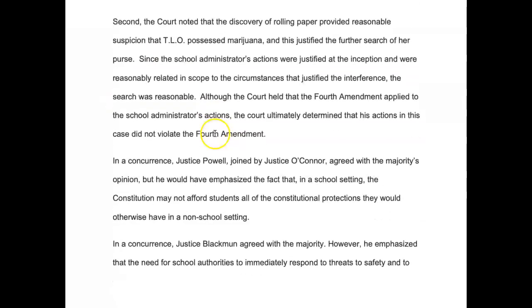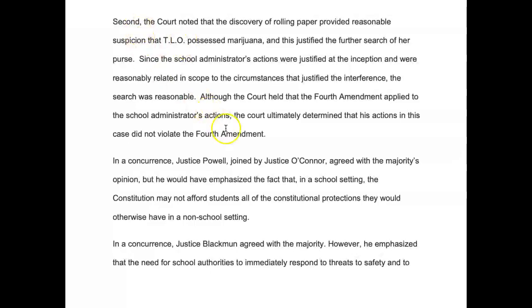The second is that the discovery of rolling papers also provided reasonable suspicion that TLO possessed marijuana. And that then justified the further search. Okay? And it was reasonably related in scope because they're just looking at a purse. And so the Supreme Court said they did not violate the Fourth Amendment.